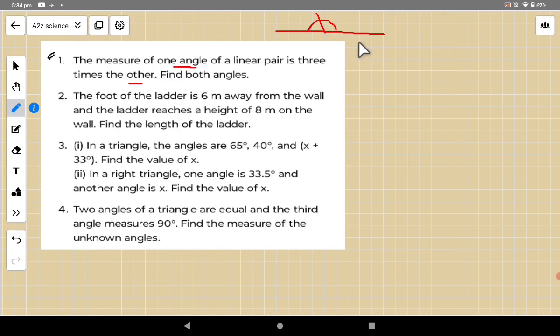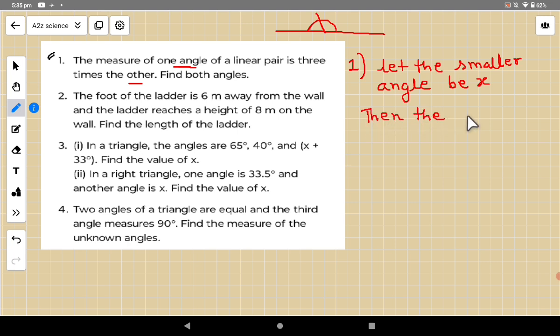So let the smaller angle be x, then the other angle will be 3 times, that means 3x.